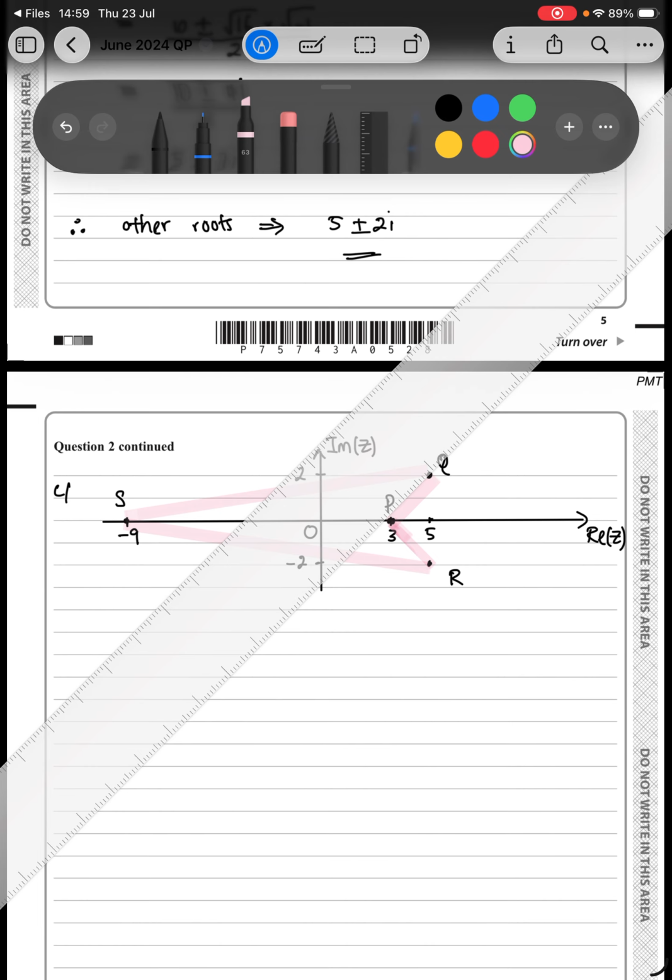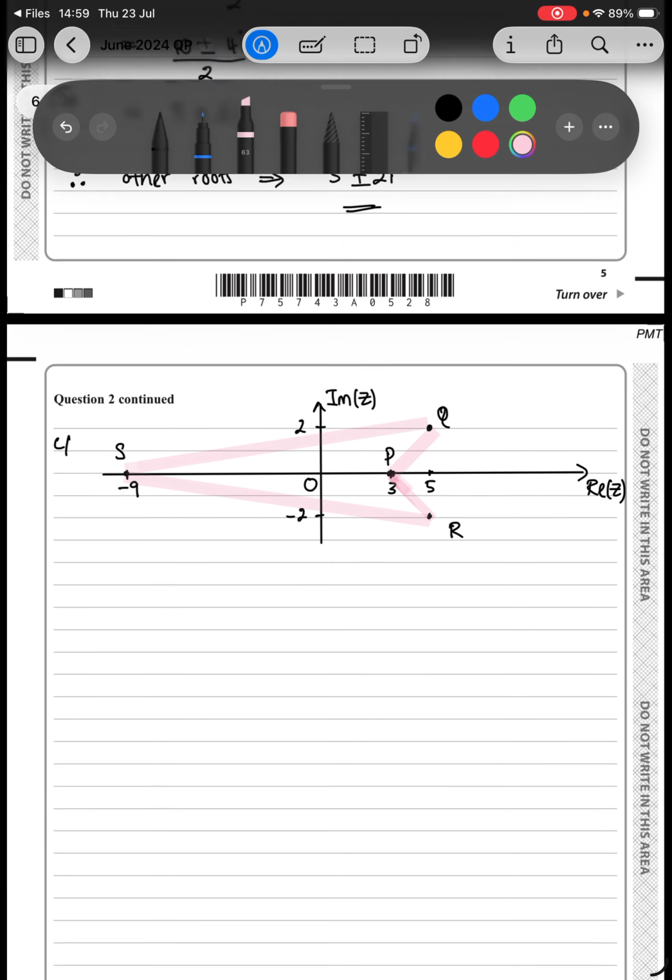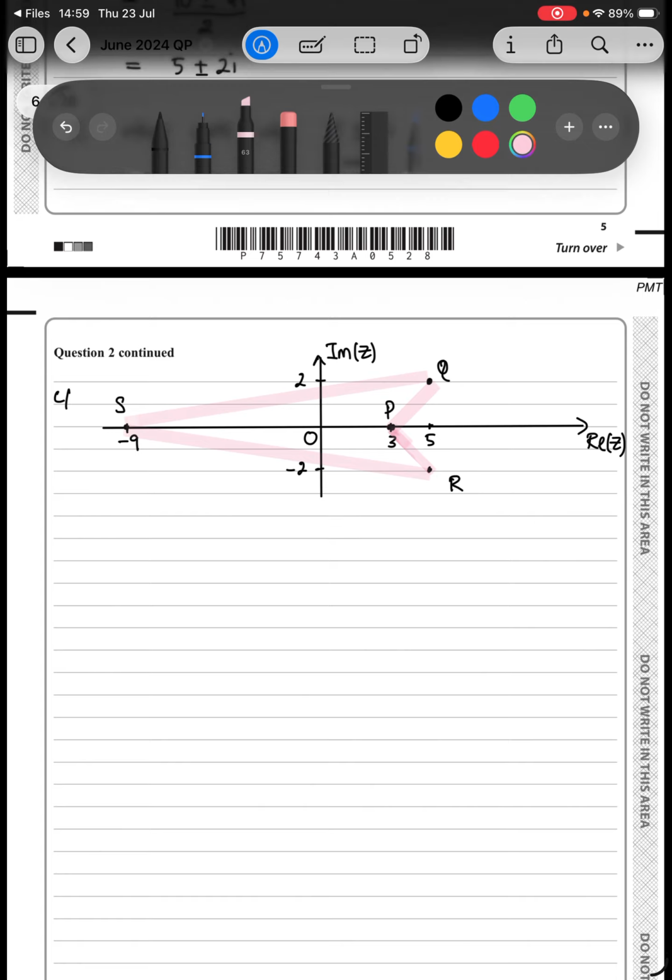Alright, there we go. Not a perfect one, but it's alright. So now we can see that the sides SQ and SR are of the same length, and the other sides PQ and PR are of equal length as well.